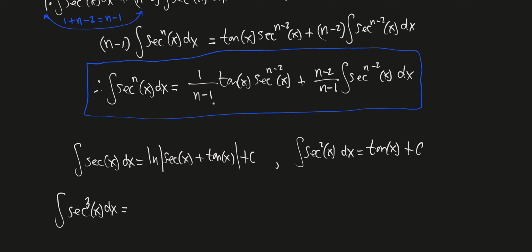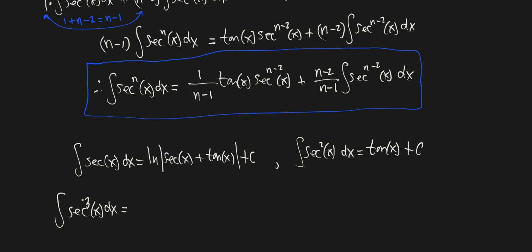So by applying this formula, and it is what we call a recursive formula, what we're able to do is to take this integral that involves a larger power of secant and break it down, reduce it to one that has a smaller power. And then you can repeatedly use this till eventually you bring all of those integrals back down to something like this. All right, so we'll just do a few examples to illustrate how it works.